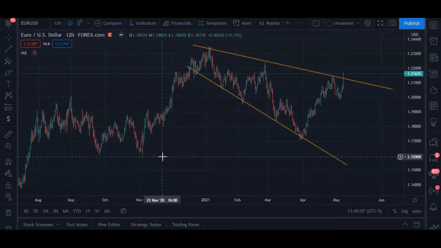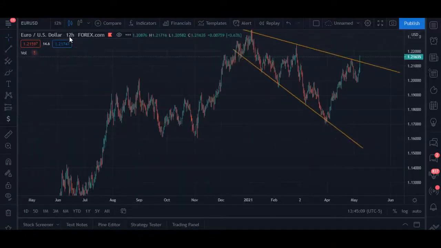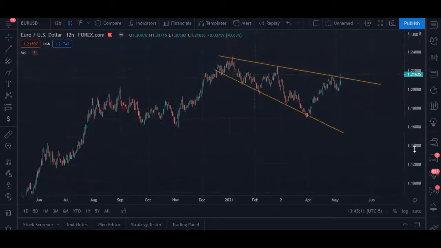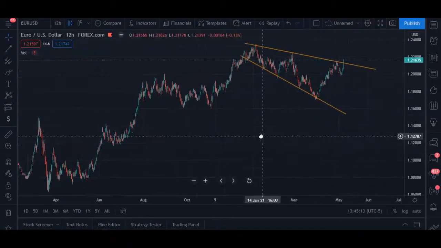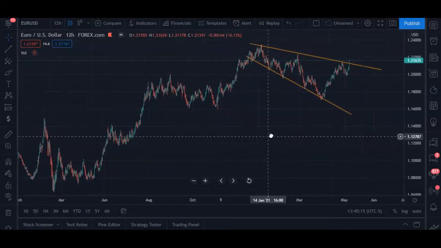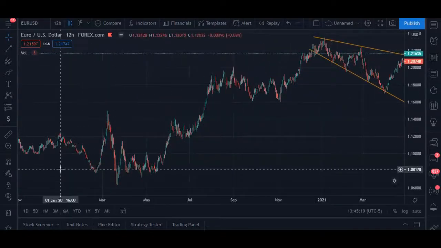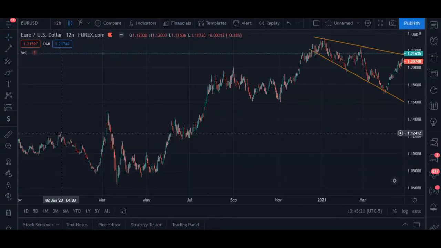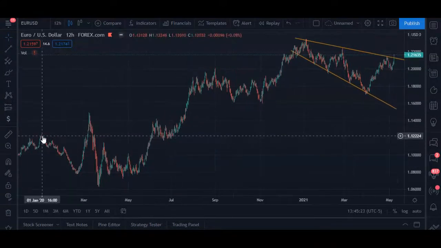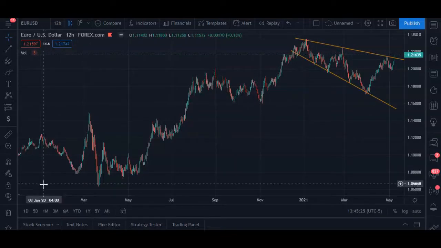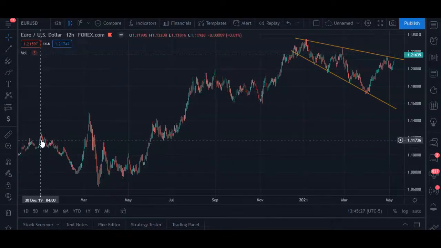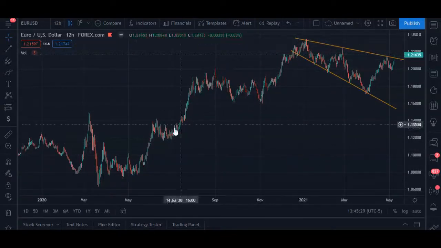And so if you want, this is a 12-hour chart. I'm doing a 12-hour chart because it's just fewer bars to look at. If I zoom all the way out to 2021, it was all the way down here. Beginning of 2021 was right here and shot way up here.